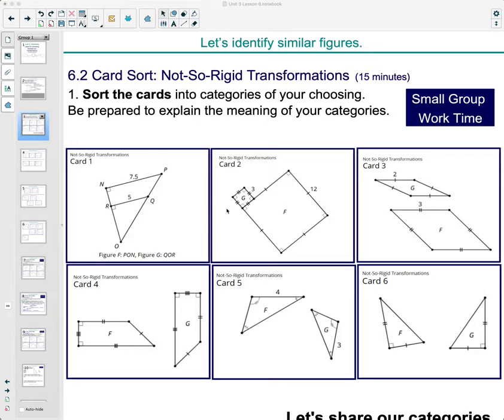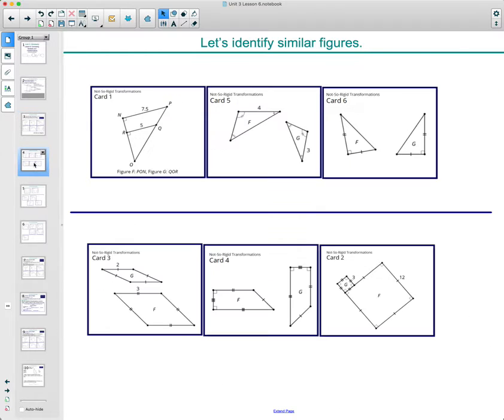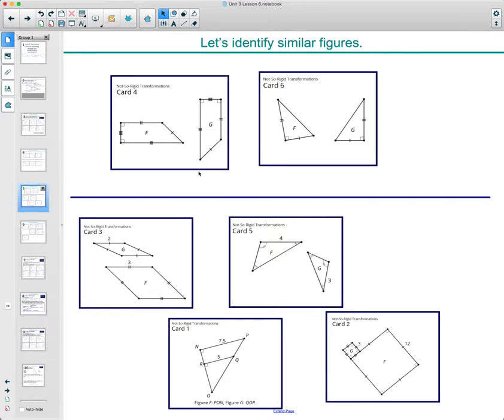Okay, so you could have sorted these into different categories. I'm just going to do a couple that you might have come up with. Maybe you looked at triangles versus quadrilaterals, so 3 sides versus 4 sides. Maybe you looked at congruent shapes versus not congruent shapes.